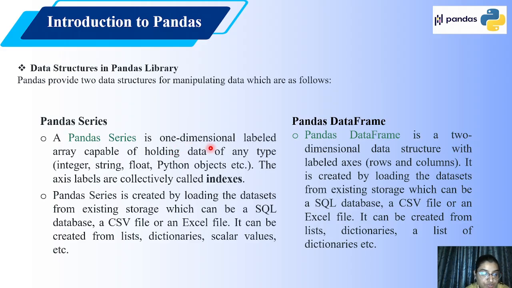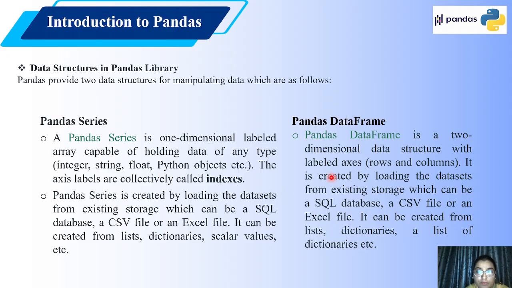It is one dimensional, meaning it can store data in a single sequence, whether it is a number or a string, and each value has an index like a label, so we can easily access data by position or by name. So for example, you just assume the column of student marks or a list of product prices. Okay, so that is the series.